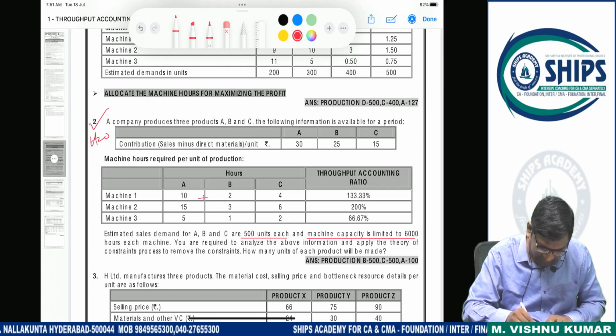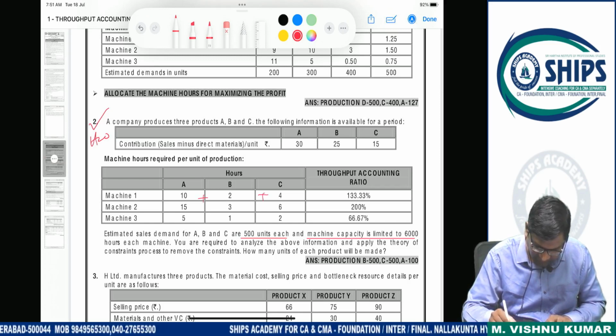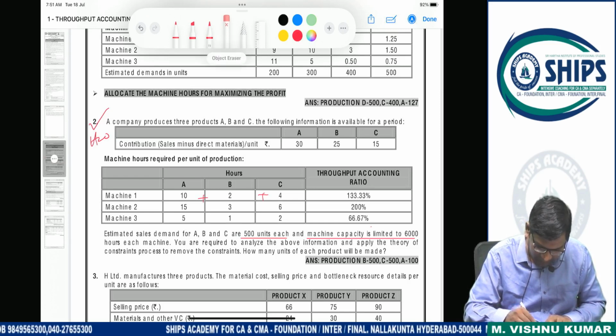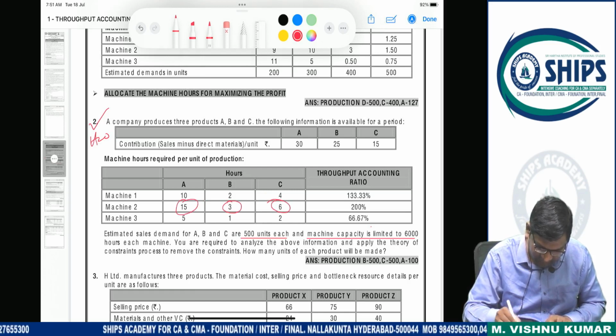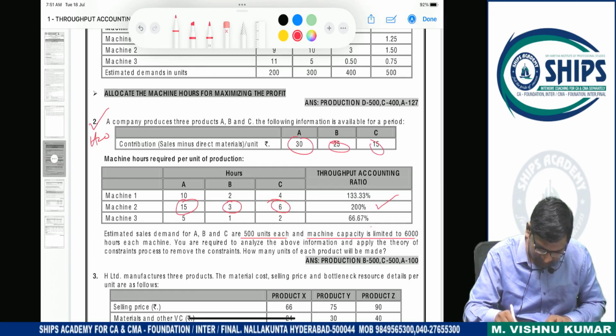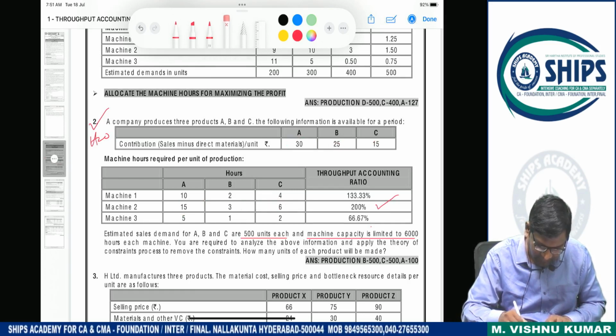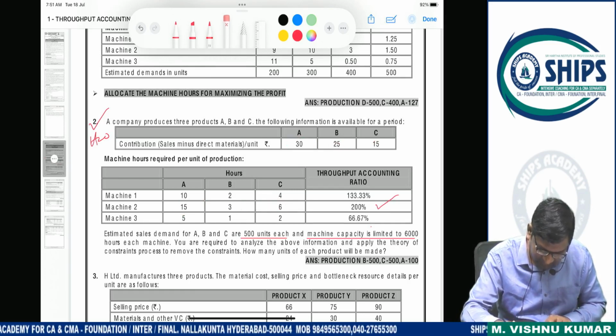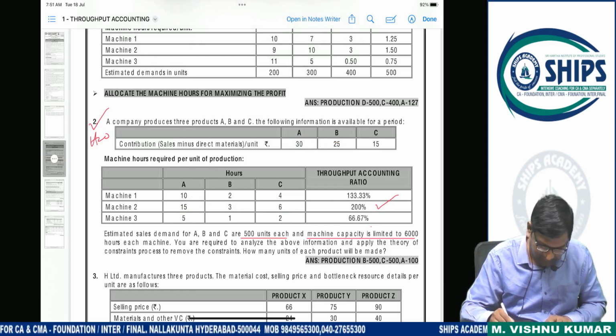So directly you can add this and multiply with 500. Directly you will get total hours, divided by 6,000. Throughput accounting ratio is already given. Check it out. So directly you can divide with this bottleneck hours. This is the main bottleneck. Then calculate throughput contribution and the optimal production. So homework.